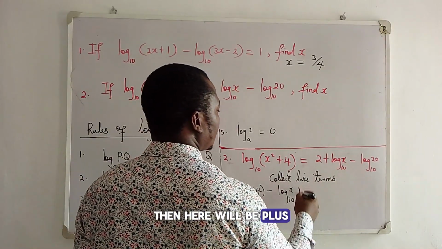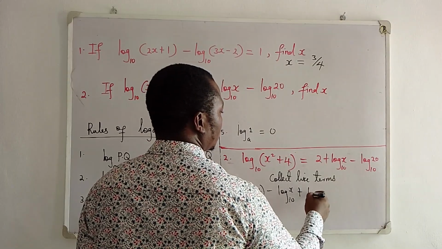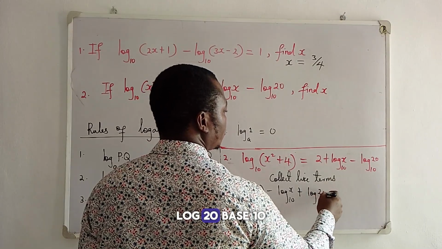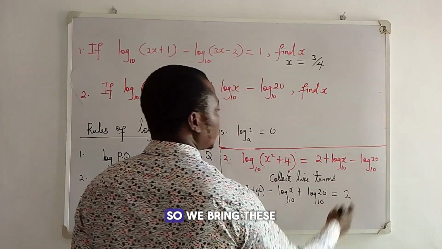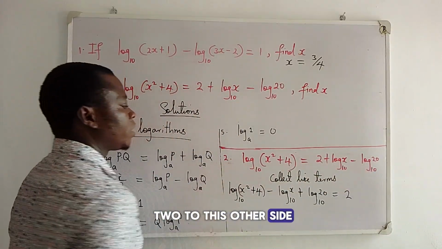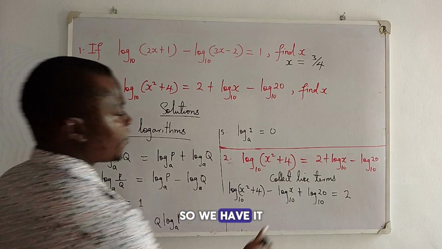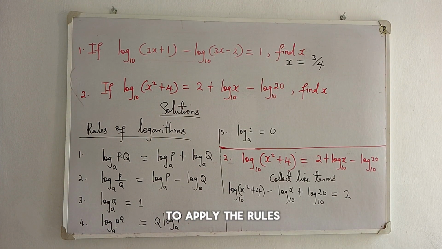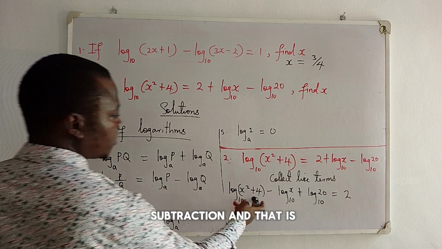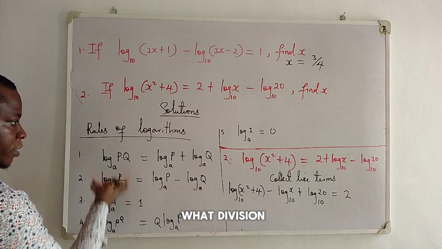Then here will be plus log 20 base 10 equals, so we are left with 2. So we bring this 2 to this other side, equals 2. Now we have to apply the rules of logarithm. The first one is subtraction, and that is division.